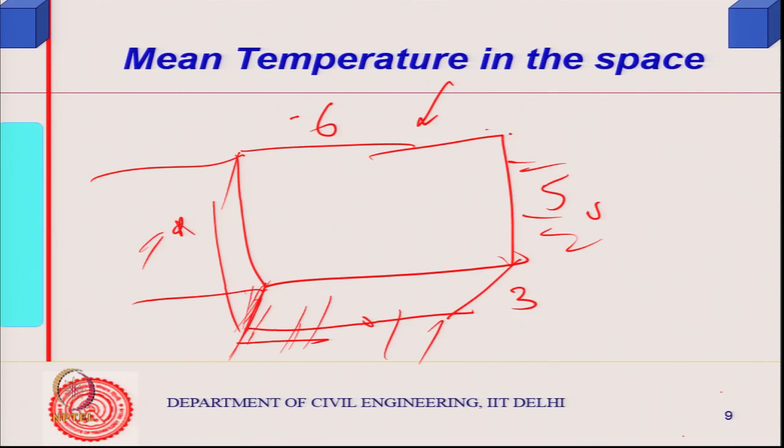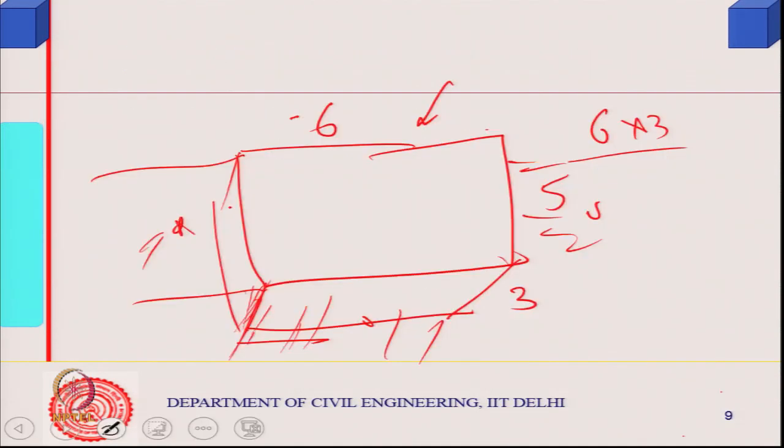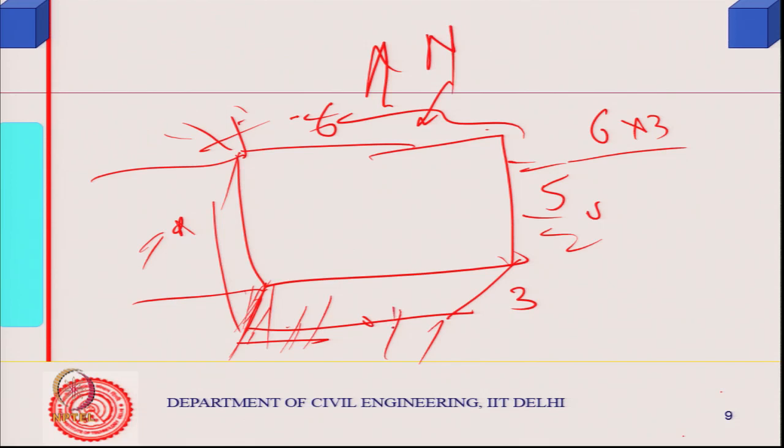So, this is a 6 by 3 meter wall, and it has got a window, 4.5 meter by 2 meter, facing south. My drawing is wrong actually. This side is a room, this is south, this is north, and this has got a window of 4.5 meter by 3 meter.